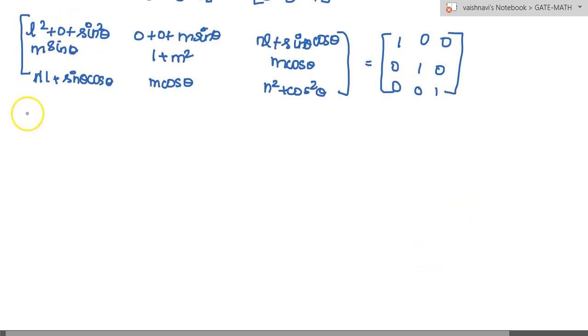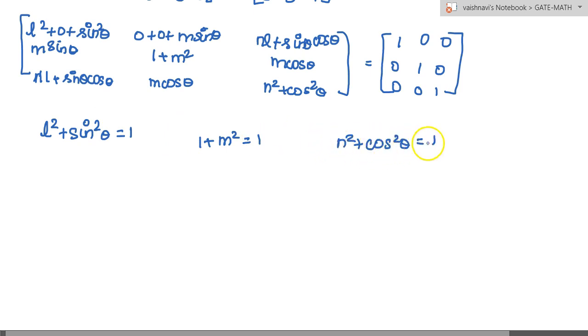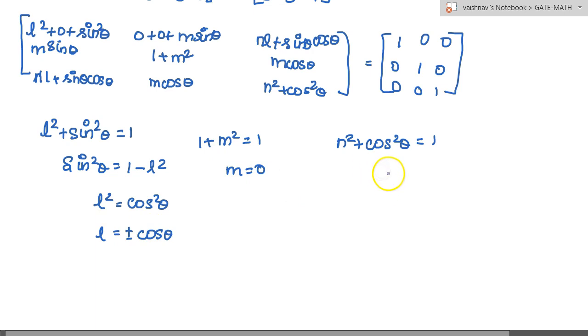Now let's simplify. We'll equate the entries. So l squared plus sin squared theta equal to 1, 1 plus m squared is equal to 1, and n squared plus cos squared theta equal to 1. So l squared is 1 minus sin squared theta, equal to cos squared theta, so l is equal to plus or minus cos theta. m is equal to 0 here. n squared is equal to 1 minus cos squared theta, so n squared equal to sin squared theta.